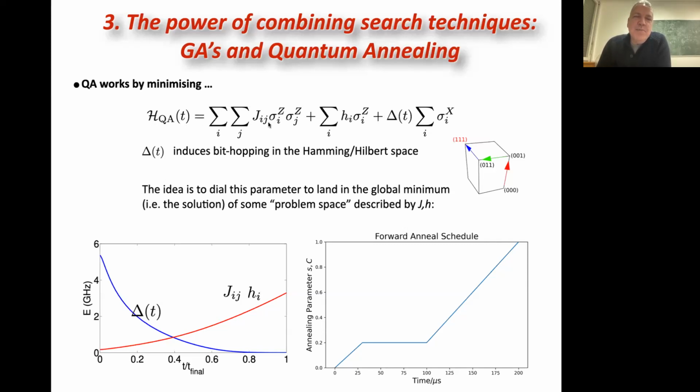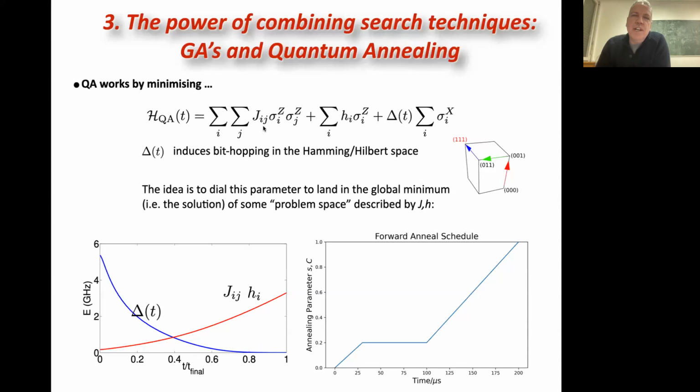What it does is it minimizes a Hamiltonian. It's a quadratic Hamiltonian in spins, and the spins are connected by couplings that you can choose, with limitations on the connectivity. And also there are biasing couplings.